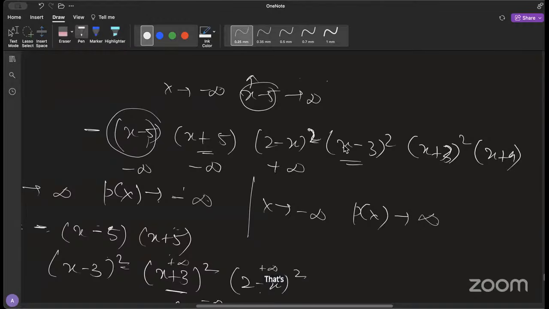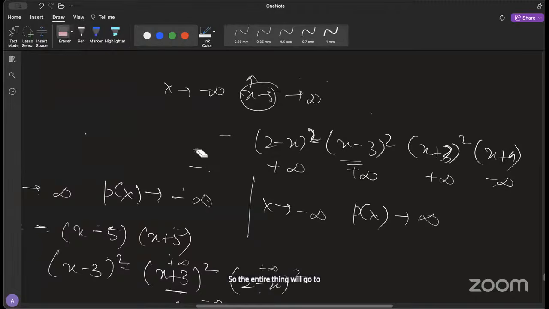That's why this one goes to plus infinity, this one goes to plus infinity, and this goes to minus infinity again. So it's minus infinity into minus infinity into minus infinity into negative, which will give you plus infinity. Is that okay? Yes. So the entire thing will go to plus infinity. That's it.